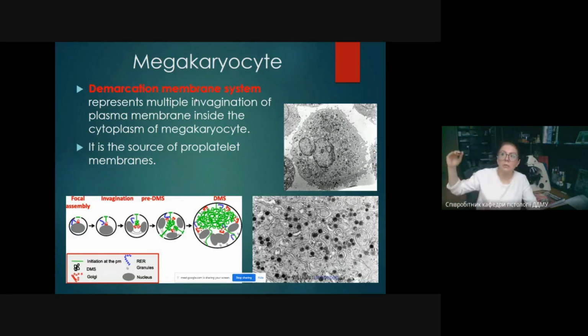So in the platelet we also have its membrane invaginated inside, and how is the system called in the platelet? Open canalicular system. Yeah, so the open canalicular system of platelets derives from the demarcation membrane system of the megakaryocyte.